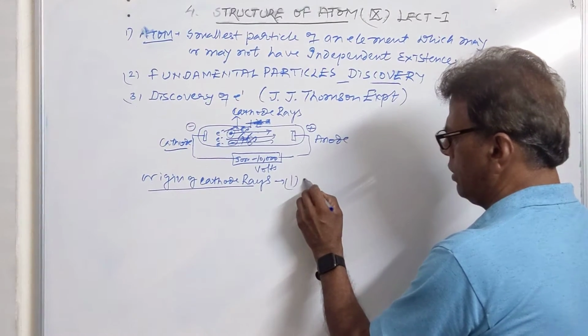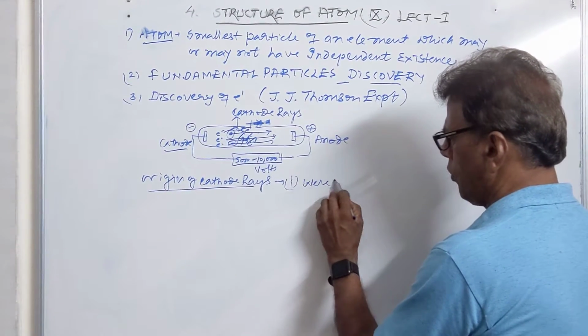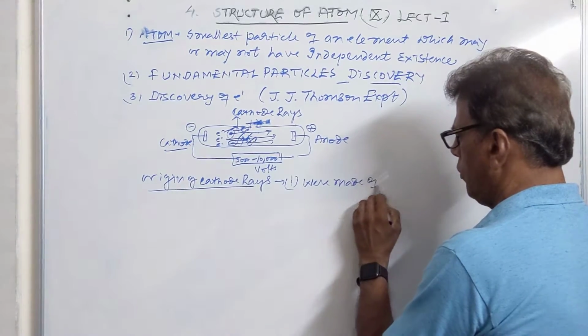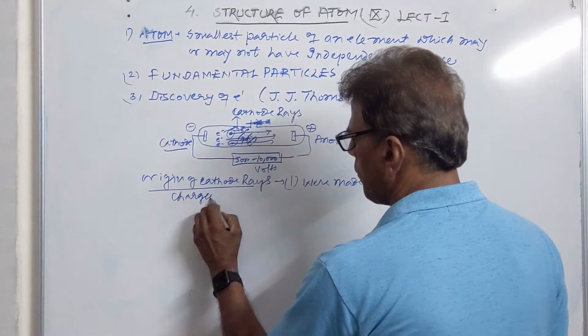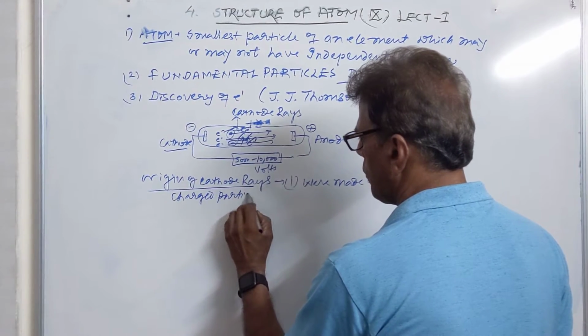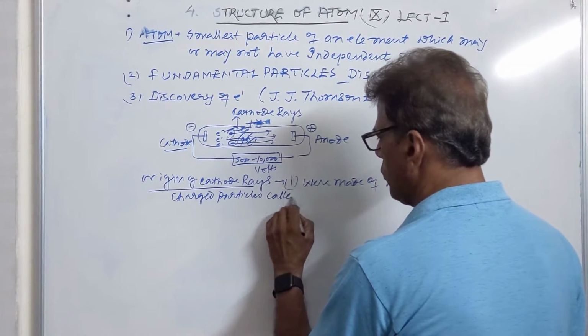So cathode rays were made of negatively charged particles called electrons.